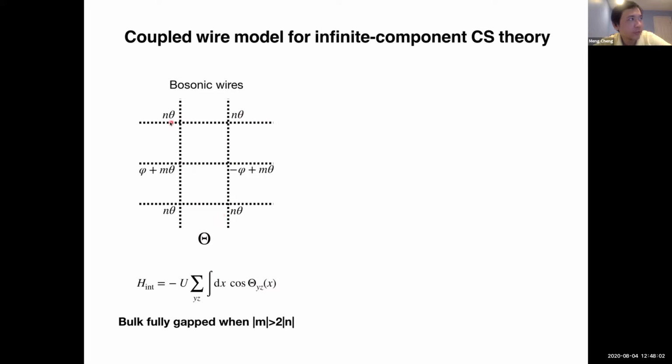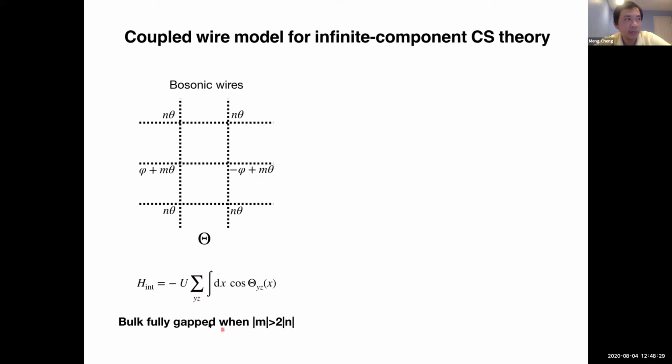So these are just cosine of the sum of all these fields in this small cluster. And then we sum over all such terms, translated to different parts of the lattice, and turn on this interaction. Let's assume that the interaction strength is large enough, so these terms open a gap in the spectrum.